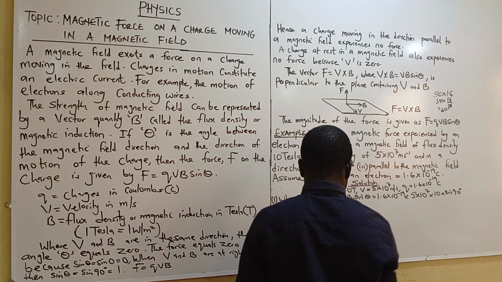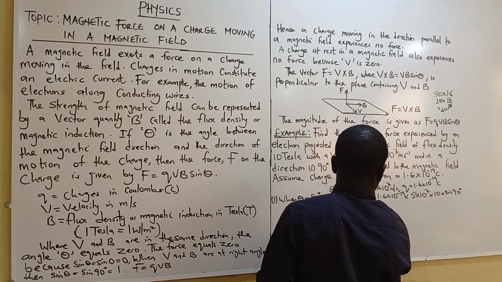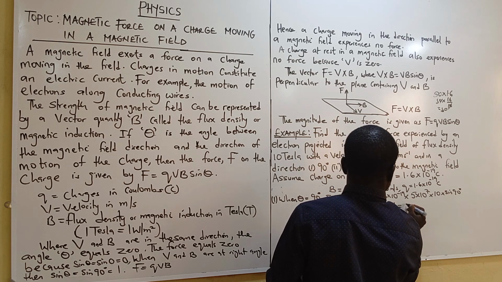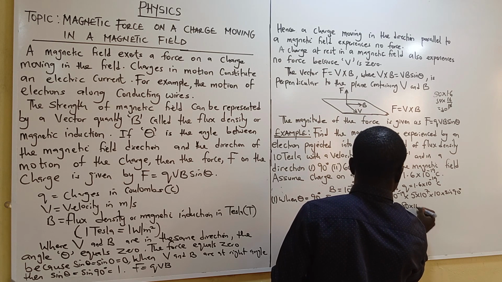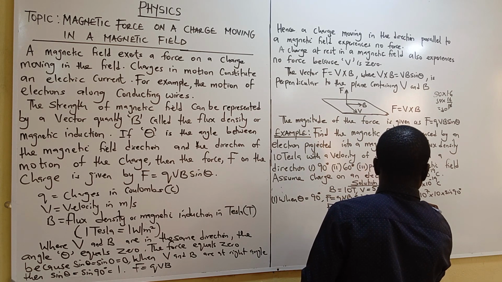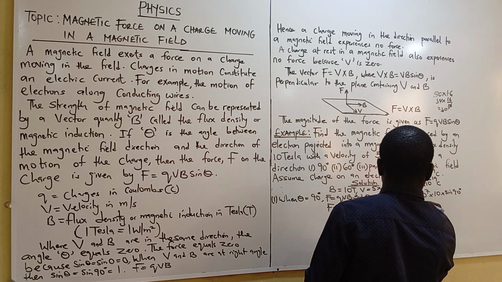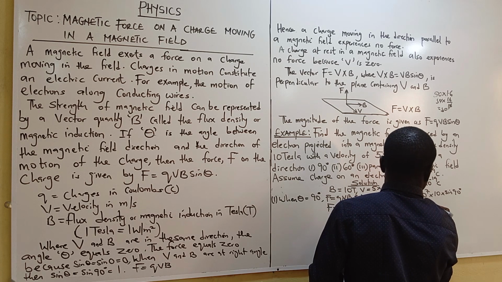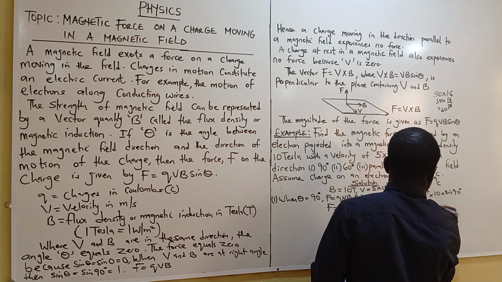You have 80 times 10 raised to power minus 19 plus 7, times sine 90 which is 1, which is 80 times 10 raised to power minus 12. When you shift once, it becomes 8 times 10 raised to power minus 12 plus 1.